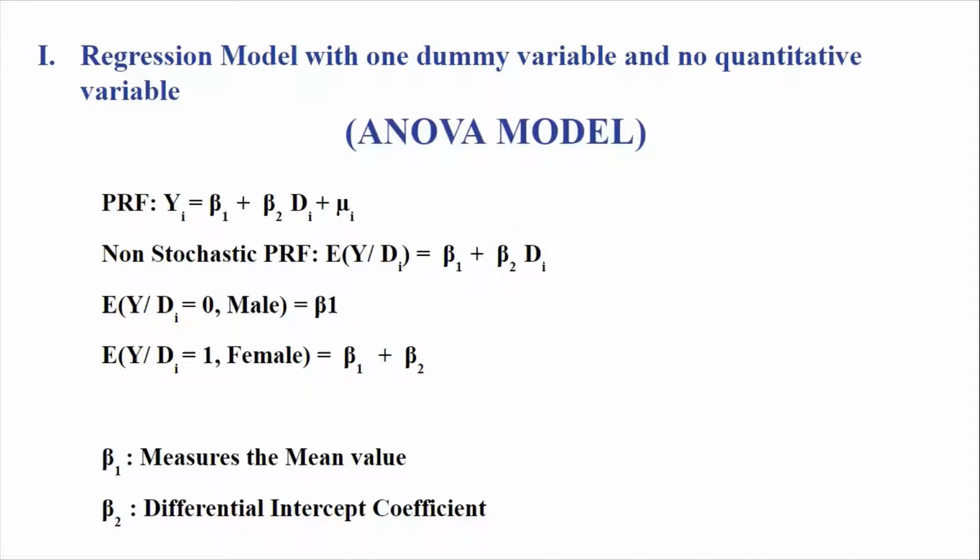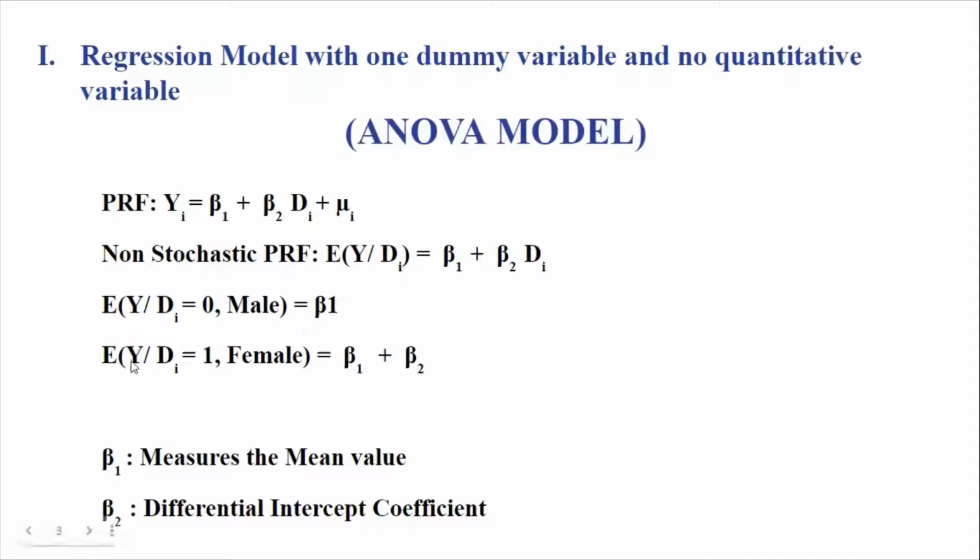Now, how can we estimate the values for this regression model? So, to estimate the values, we write it as the expected value of y for given di equal to 0. So 0 was assigned for the category male. Okay, so if this di is 0, the value would be beta 1, right? So the expected value of y for given di equal to 0 would be equal to beta 1.